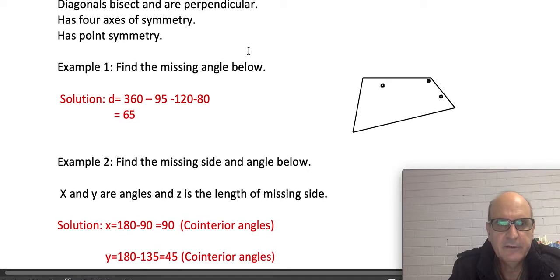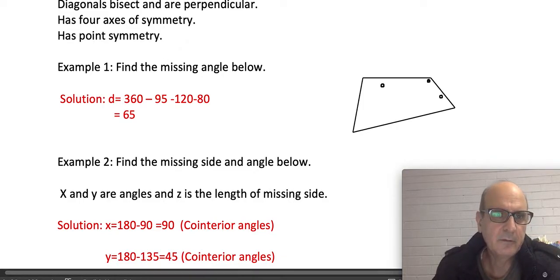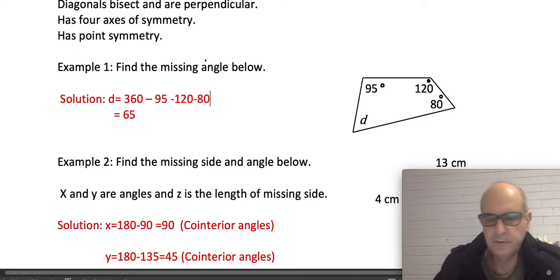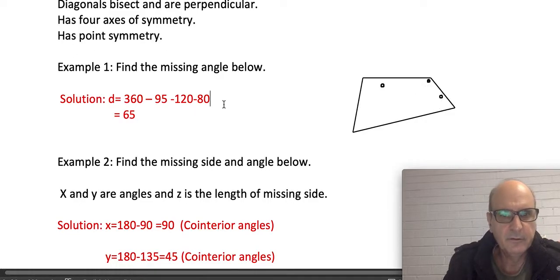One thing that we need to know in any quadrilateral, the angles add up to 360 degrees. Here they are asking us to find the missing angle below.